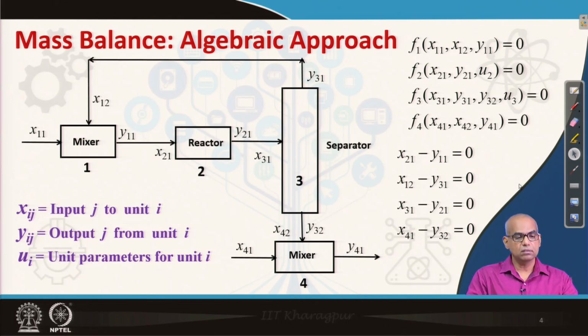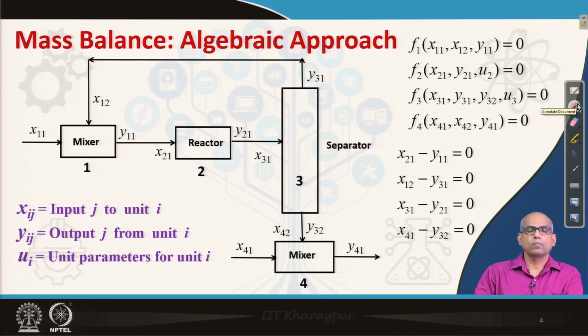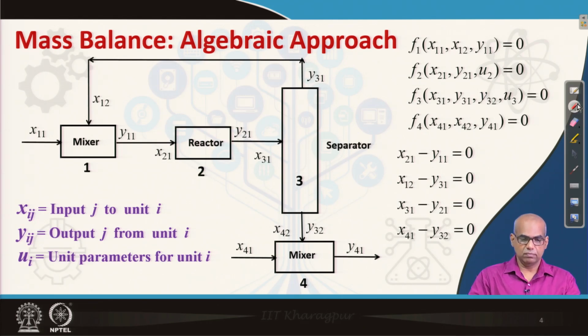Now, what you see is a block diagram for a simple process. So, there are 4 equipment or 4 units. 1 is a mixer, 2 is a reactor, 3 is a separator, and 4 is again another mixer.